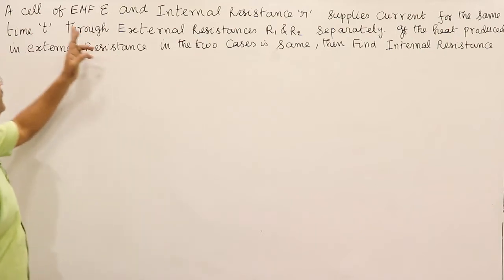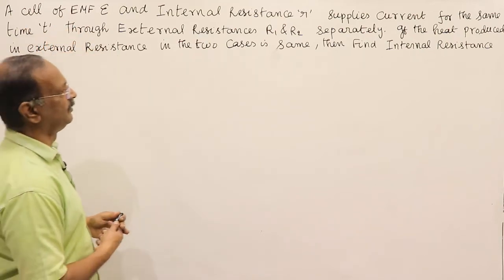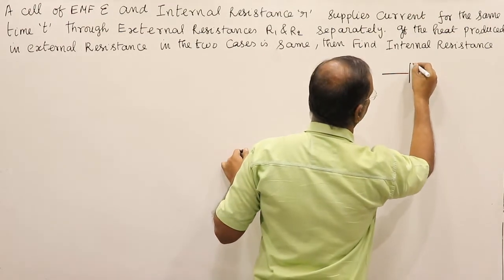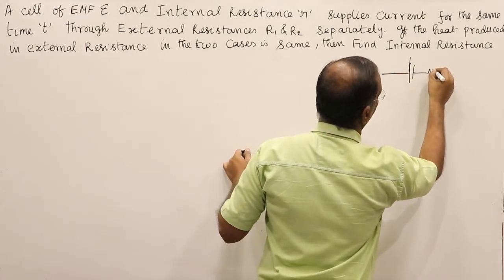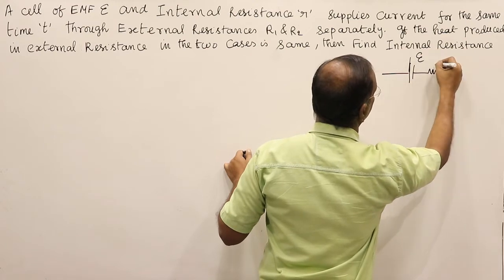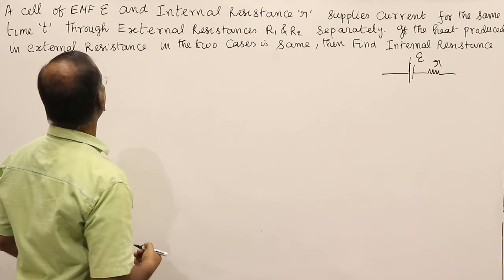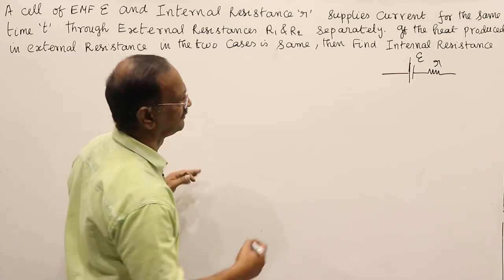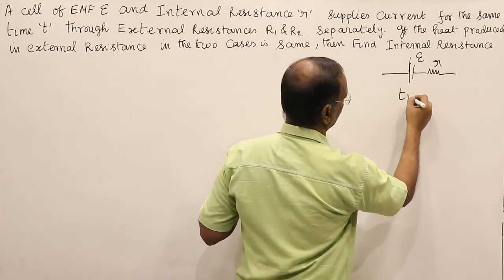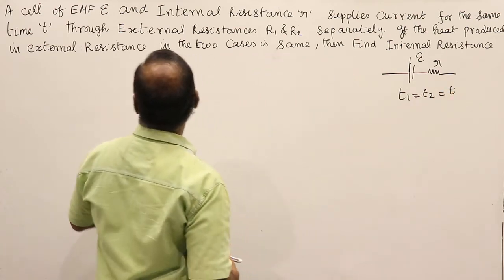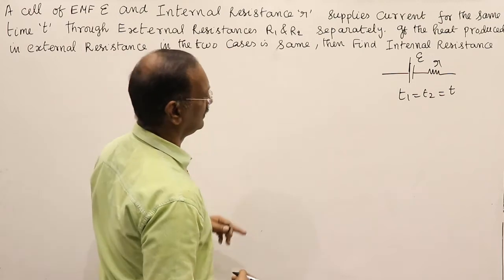A cell of EMF epsilon naught with internal resistance R supplies current for the same time, T1 is equal to T2 is equal to T, through external resistances R1 and R2.